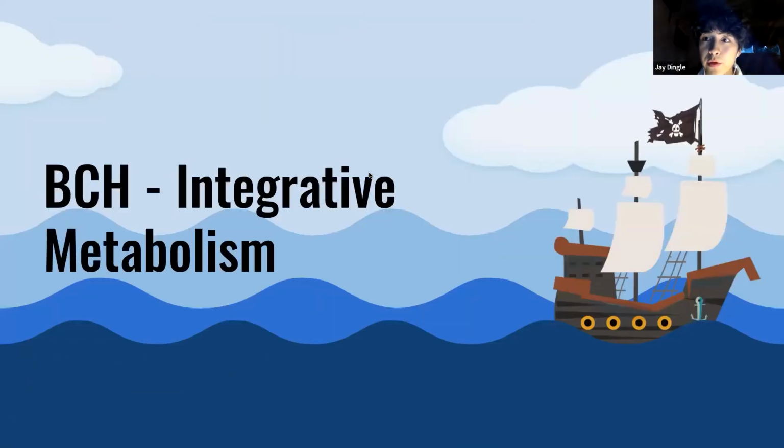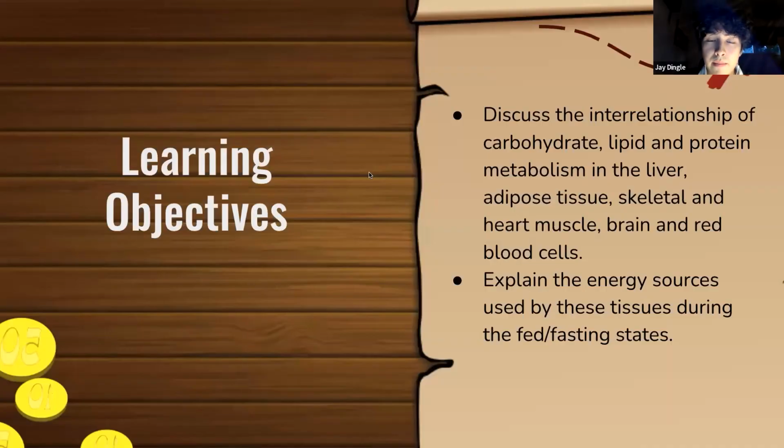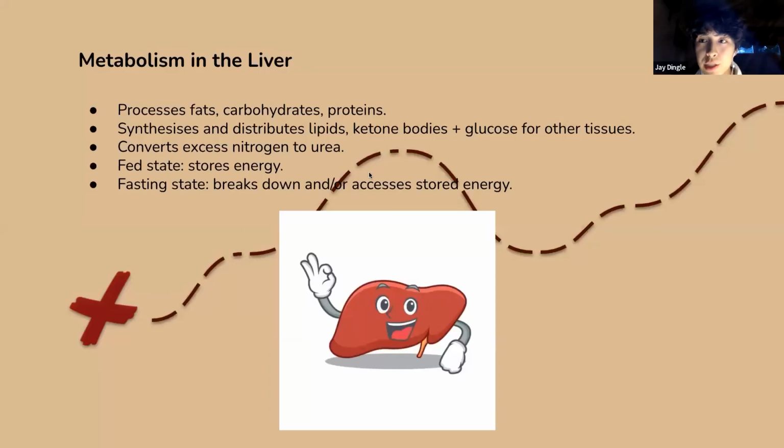Okay, so I'll move on to integrative metabolism now, with a focus on the interrelationship between carbohydrates, lipids, and proteins in the liver, and explaining energy sources used in the fed and fasting states. So quite simply, just remember that our liver is used to process fats, carbohydrates, and proteins.